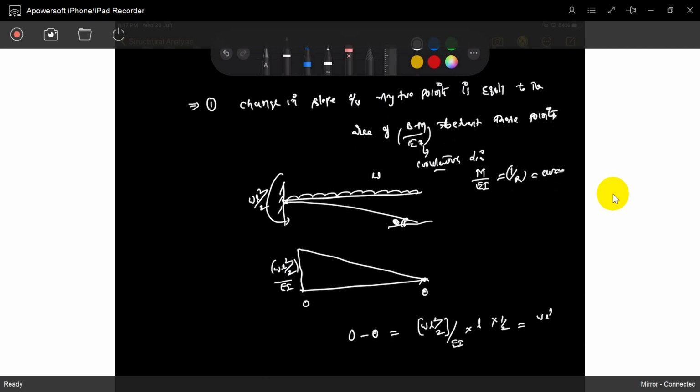So W L square by 4EI times L gives W L cube by 4EI. That's it, right? The slope is W L cube by 4EI.